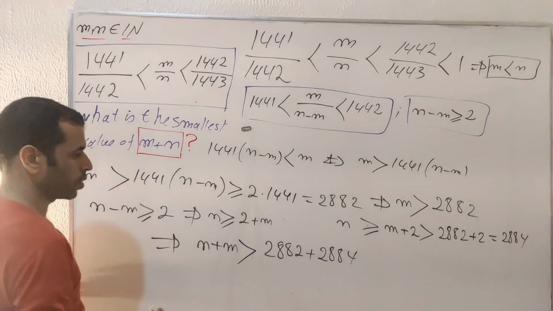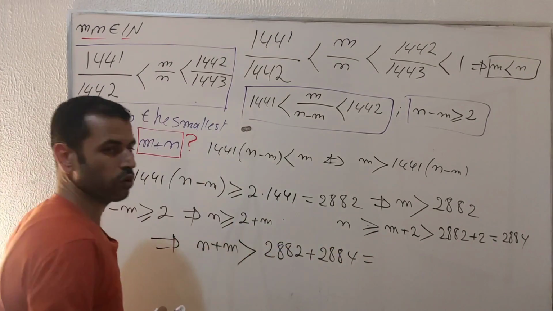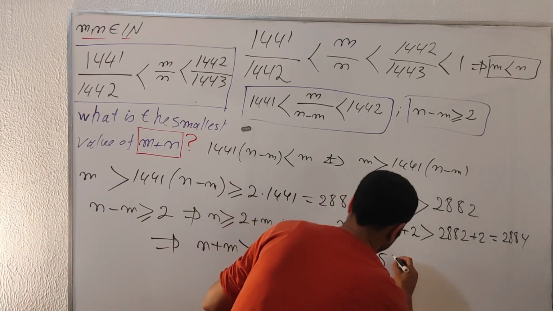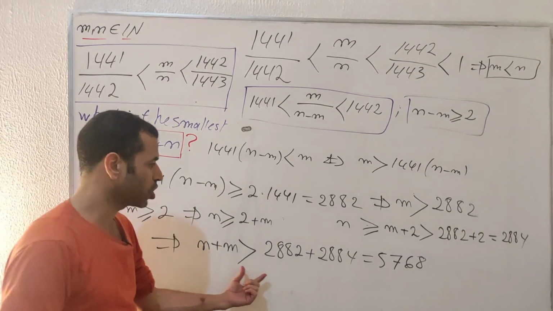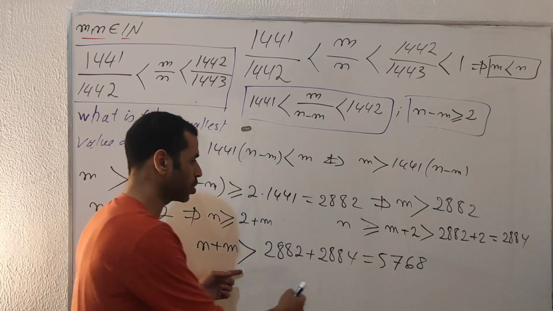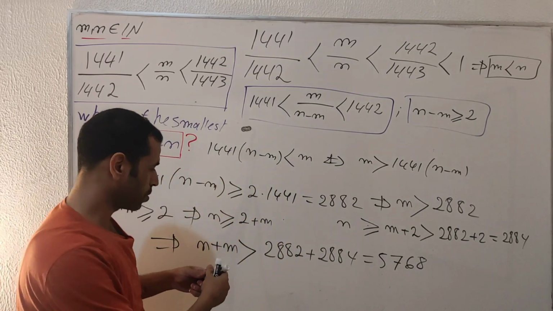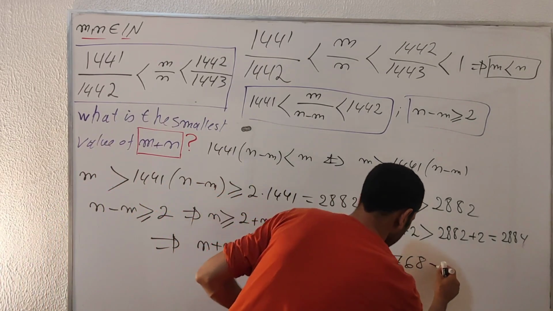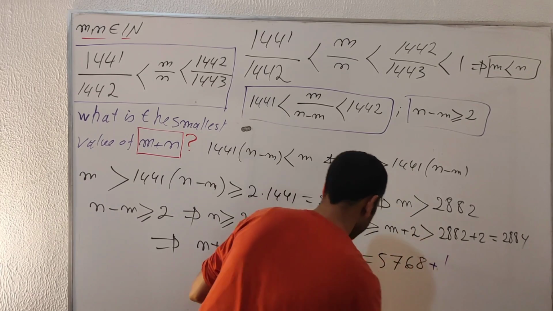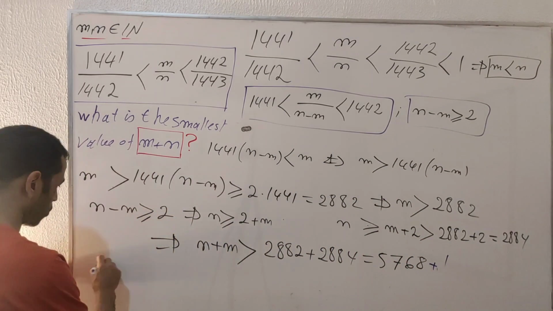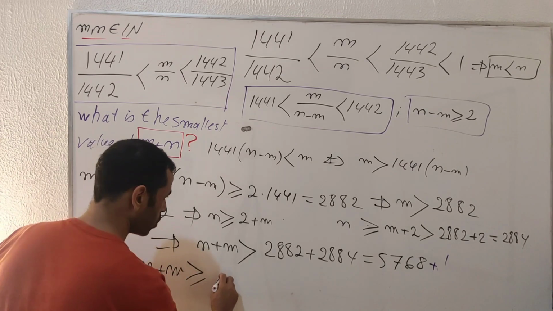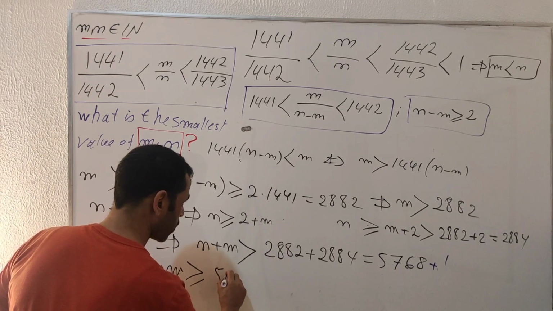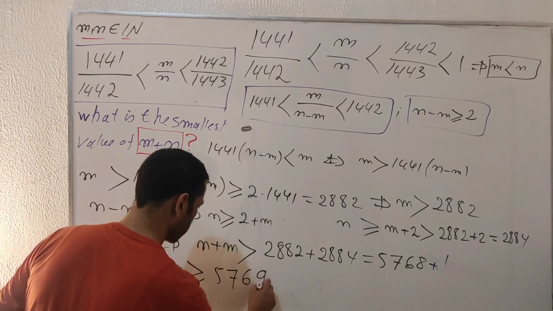If I calculate this term, I get 5768. But this one is strictly superior than this one. If I include this number, just by adding number 1 on the right, I get n plus m is superior or equal to 5769.